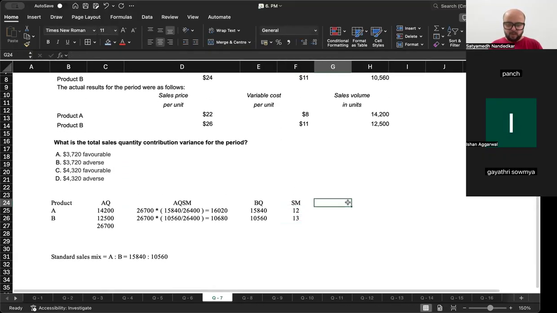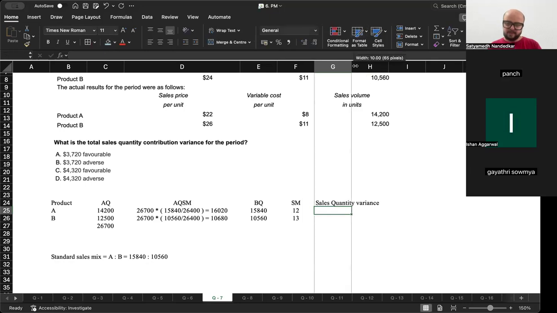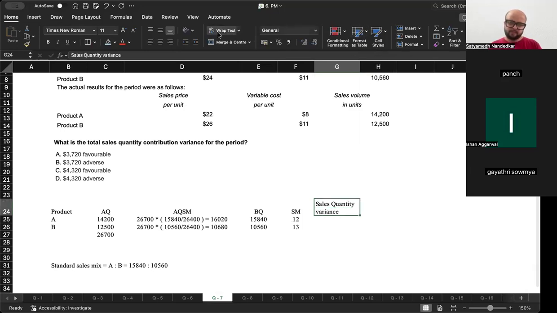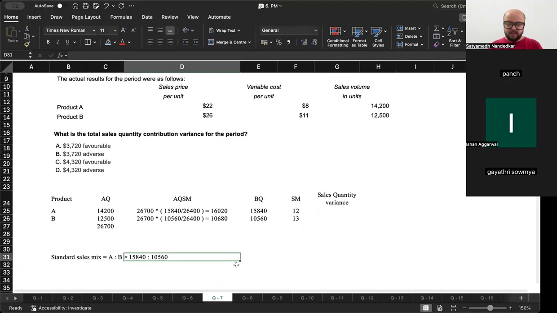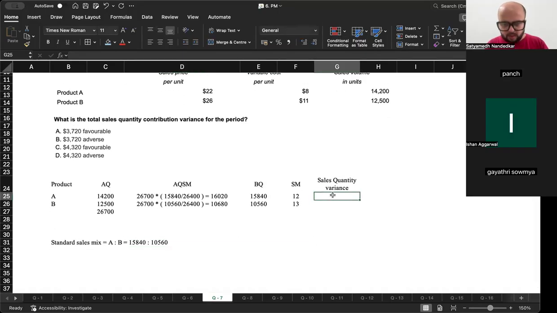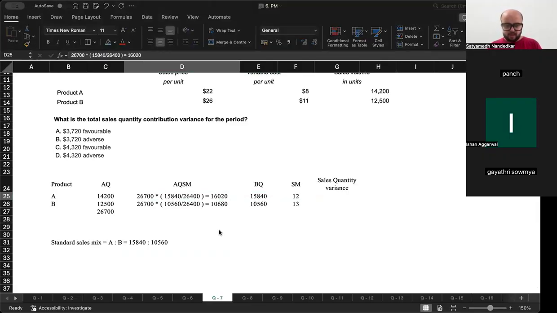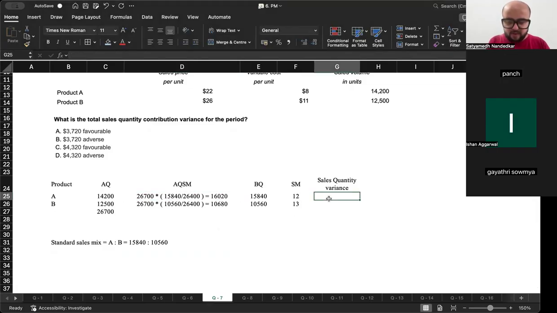Okay. Now, what is the sales quantity variance? Twelve into. So this will be, see, you were supposed to sell 15,840, you ended up selling 16,020, right? So that means there is a favorable variance.